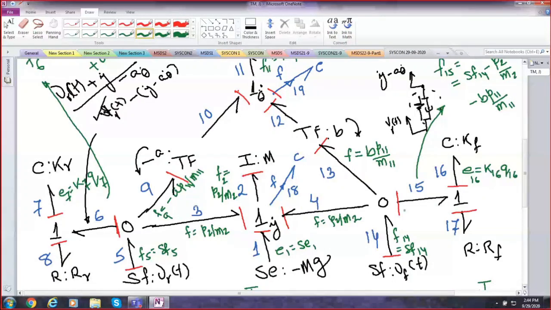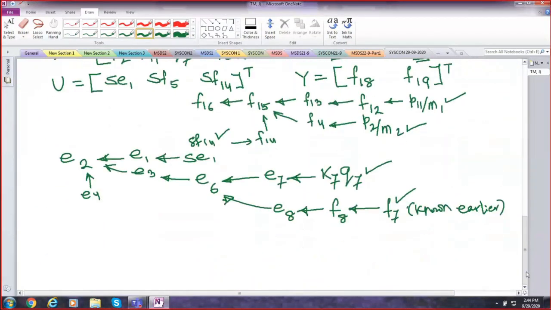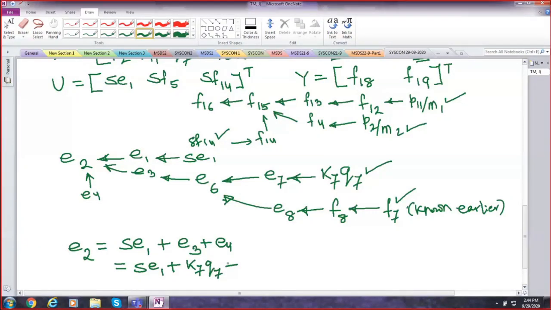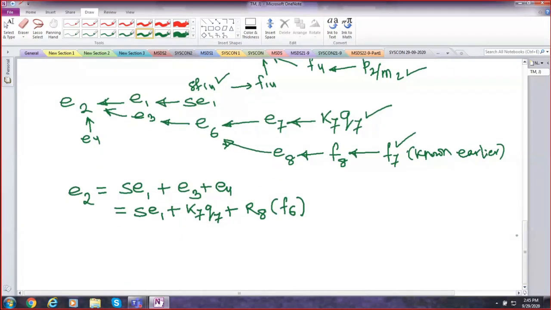So we will write E2 is equal to E3 plus E4, plus K7 Q7 plus R8 times F6. This is one side, E4 will come.